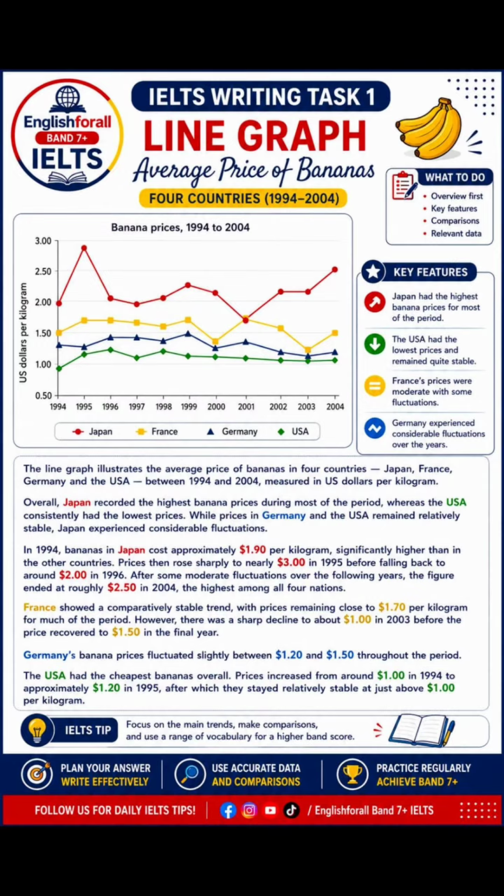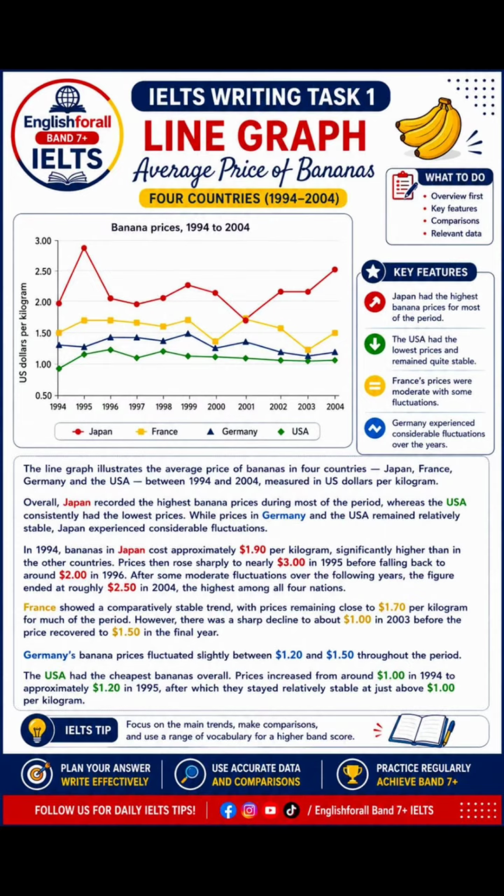And then they have given a line graph, and in that line graph they have given you a bit more information. For example, they have shown the countries with different colored lines. For example, red is for Japan, yellow is for France, blue is for Germany, and green is for USA.